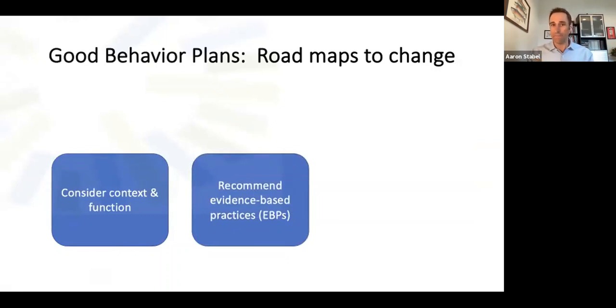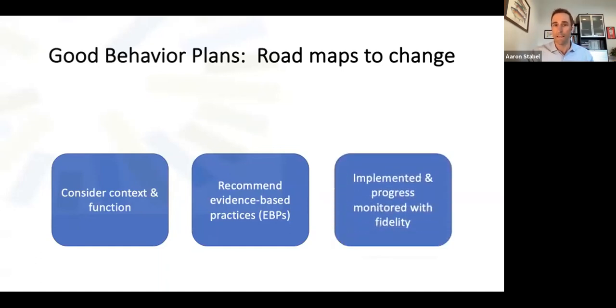Then we take that information and match and recommend evidence-based practices that align to the context and function of the student's individual behaviors that we're trying to address. That's a really clinically fun part of the process: matching evidence-based practices strategically to context and function. Then we implement those interventions with fidelity and progress monitor over time to see if our plan is working.